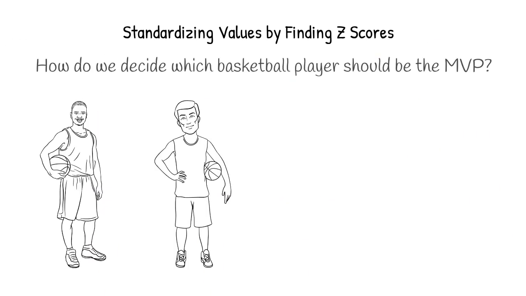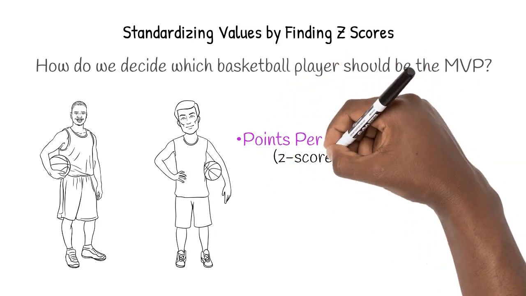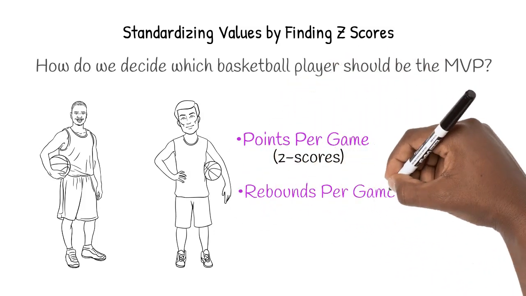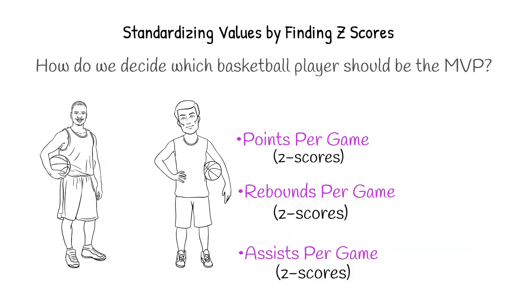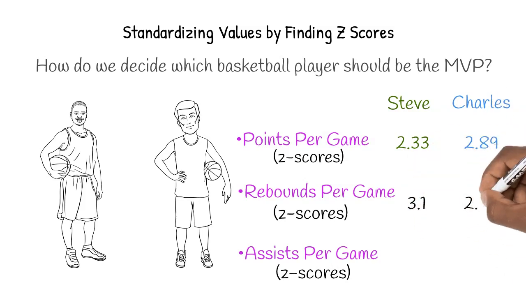To decide which basketball player should get the most valuable player award, we need the z-scores for points per game, rebounds per game, and assists per game. We used the information provided earlier to find the z-scores for points per game. Let's say we also calculated z-scores for rebounds and assists and found these values.